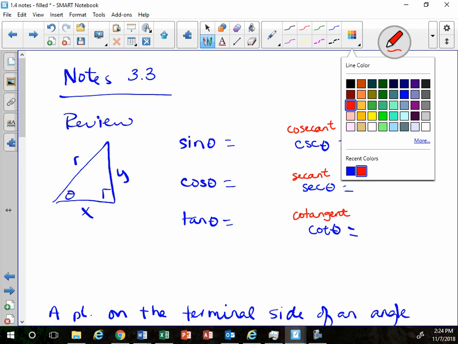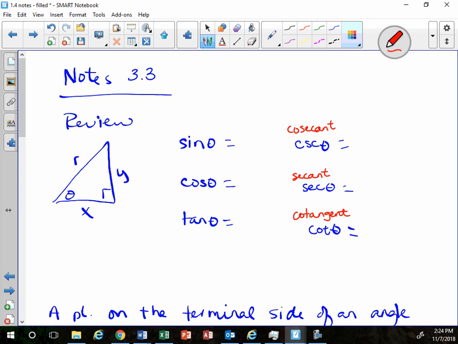Okay. So looking at this little triangle up here, we're going to set up what all of these ratios are. This is the angle I'm looking at. This is theta. So what is the sine of theta? With these letters, opposite, so it would be Y over R. What about cosine of theta?